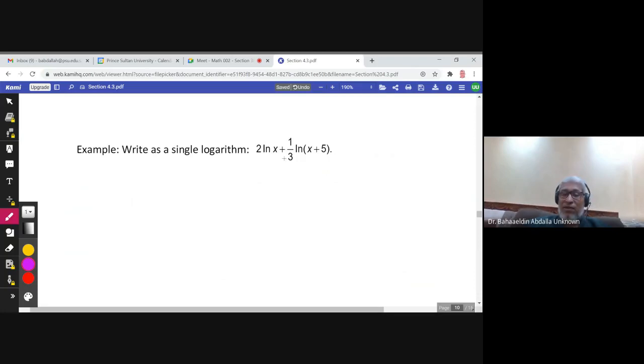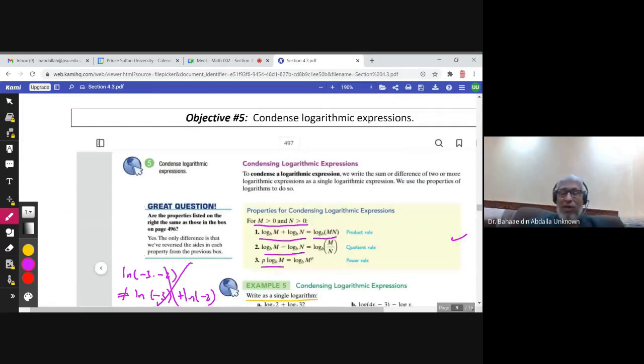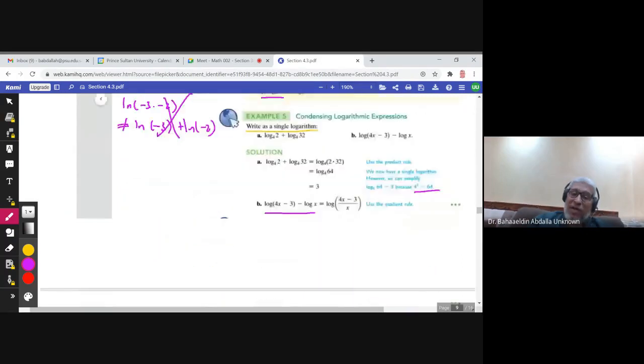Here I have ln plus ln, but I have a problem. I have 2 here, and I have 1 over 3 here, so I cannot use the first property. Look at property number 1 carefully: log m plus log n has no number, no coefficient before the log. If there is no number before the log, you can write log m plus log n as log of m times n.